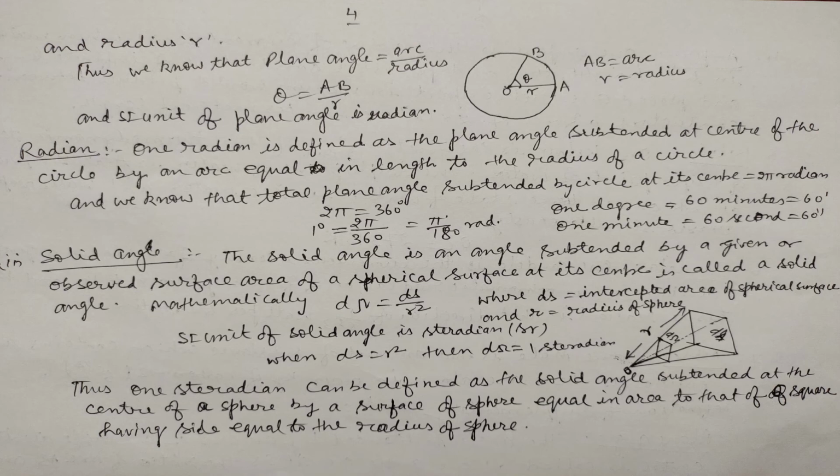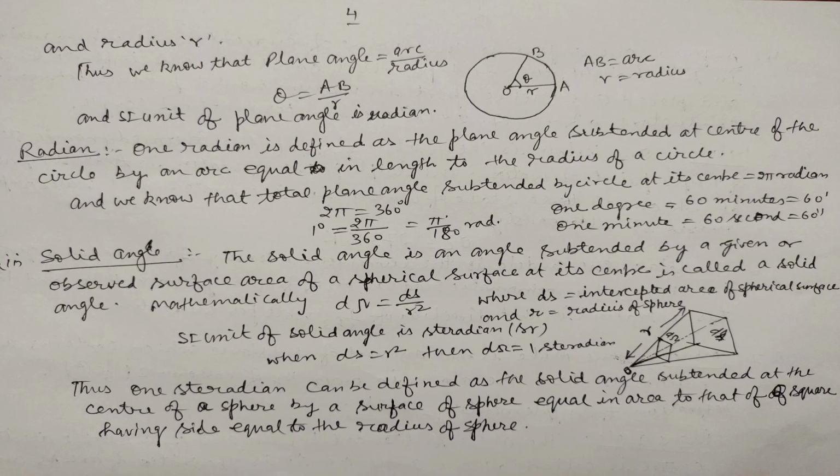So if we look at this picture given on the screen, you can say that this ds is the spherical surface area which is observed or subtended at the center of the sphere, and r is the radius of this sphere.